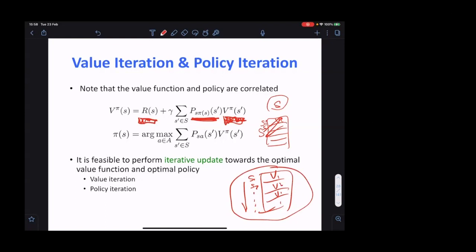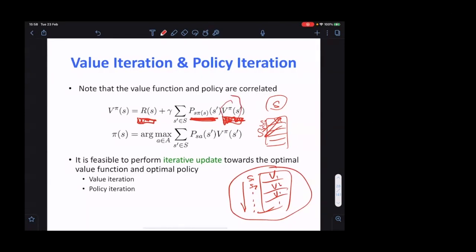You could initially randomize this, and then you could do this update because you know the transition, and you also know the reward. Therefore, you're able to update that. Once you have this updated, you could go back and try to improve your policy, because V changed, therefore the policy changes. With the policy change, you can get a new value function.